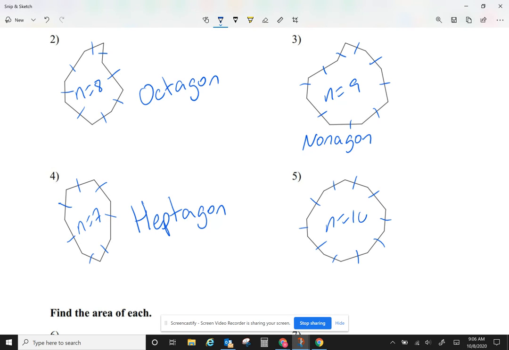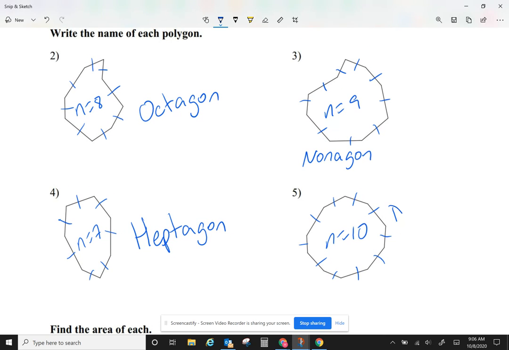There's 10 sides. As a little hint for you to remember this, think of a decade, because it's 10 years. 10 sides, we're going to call this decagon. Make sure when you type in your homework, the first letter is a capital letter. All the names that I gave you, I capitalized the first letter.